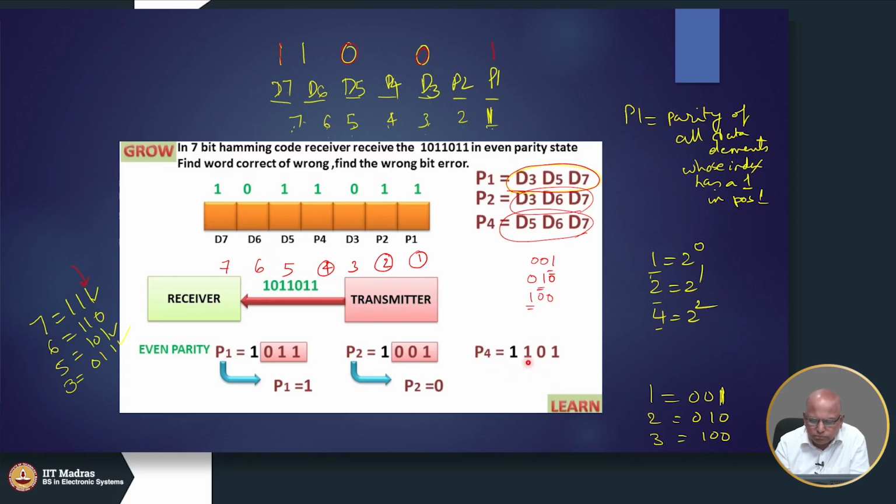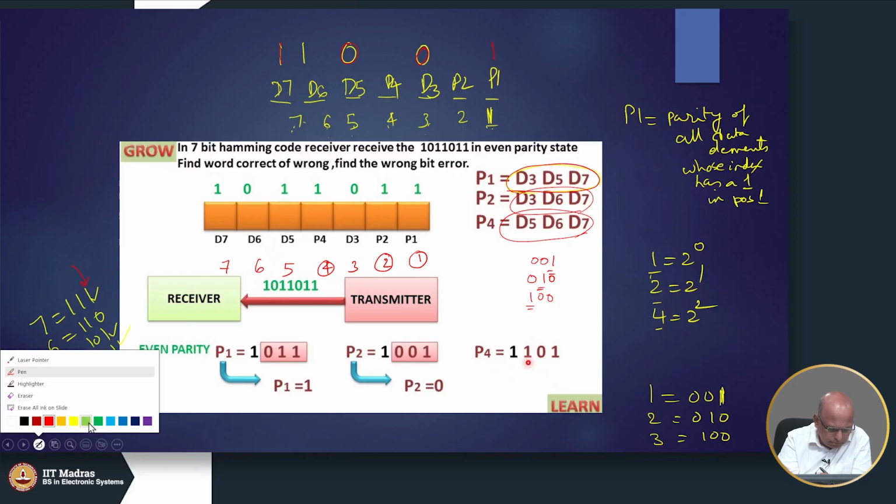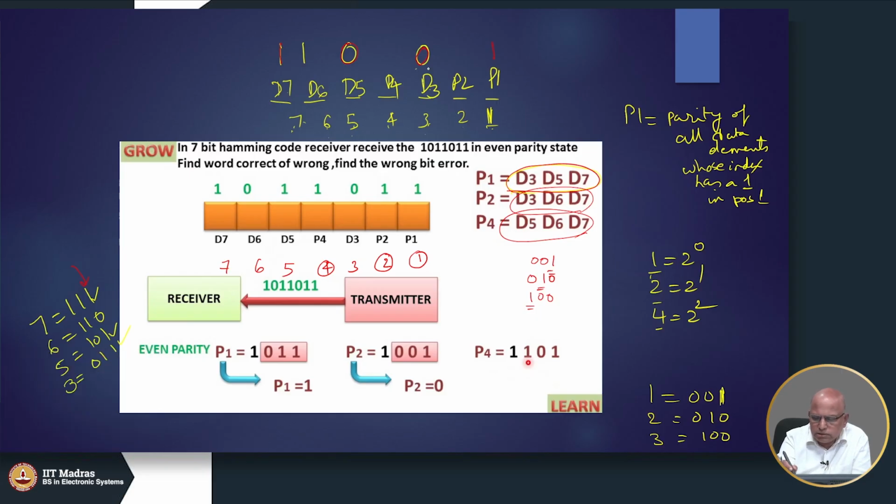Similarly, P2 is D3, D6, D7. D3 is 0, D6 is 1 and D7 is 1.